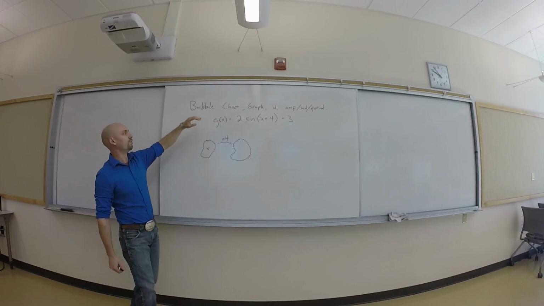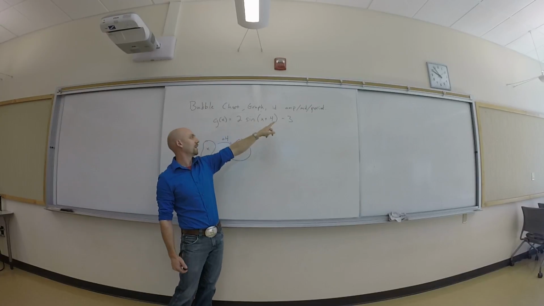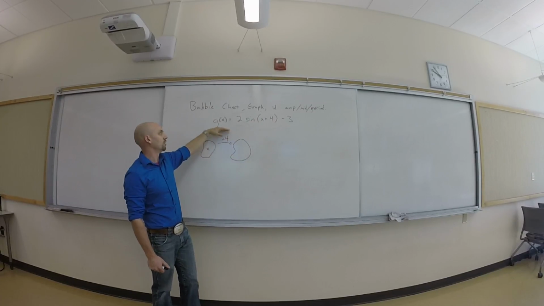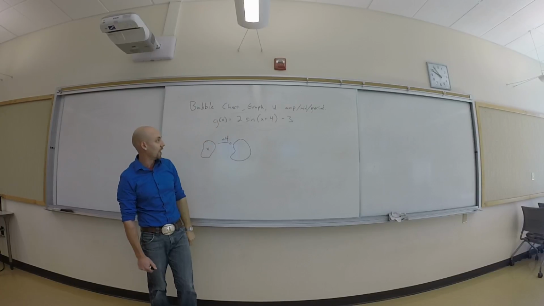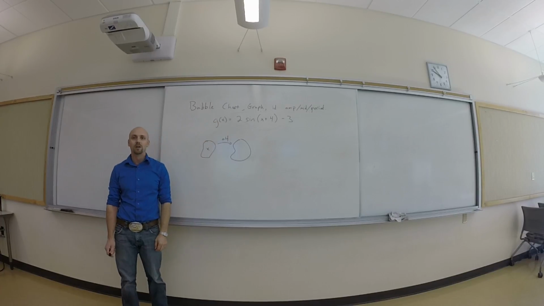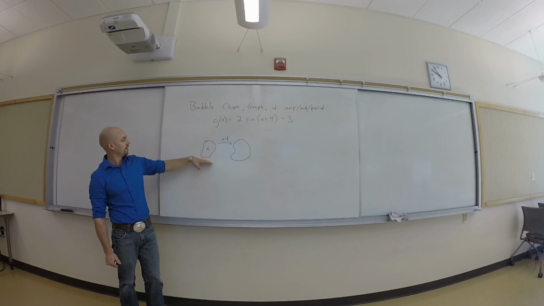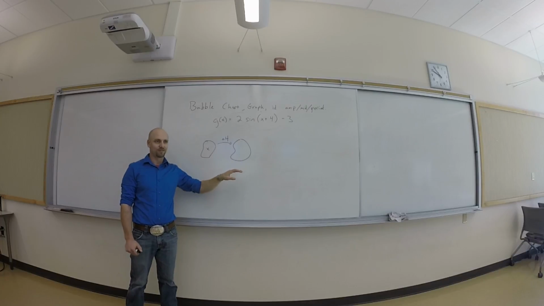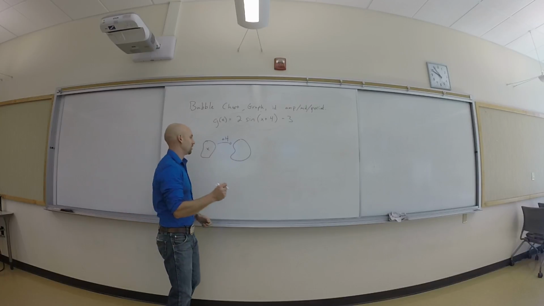So we would like to bubble chart, graph, and then identify the amplitude, midline, and period for g of x is twice sine of x plus 4 minus 3. And so far we have the idea that you start with an x, and the first thing you should do to it is add 4, right? Which gets you to what?